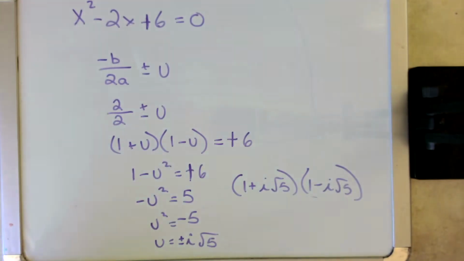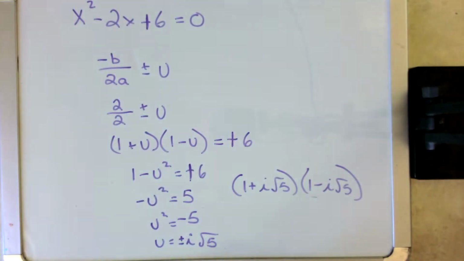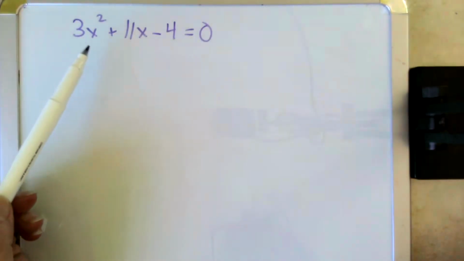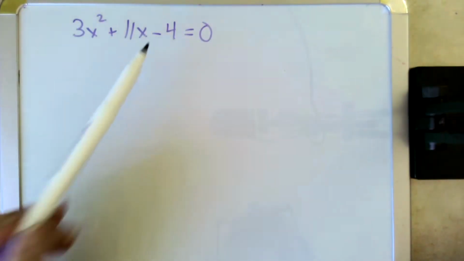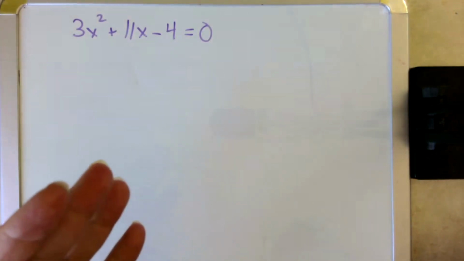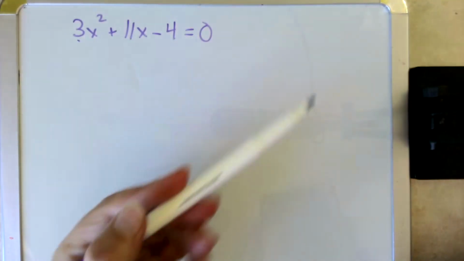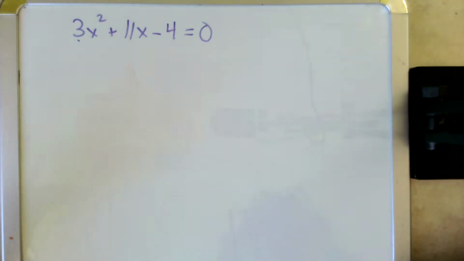Let's do one more where we have a coefficient on our x squared, because that's the kind that usually freaks everybody out. Let's show how, although it can get a little fractiony, it still totally works using this method. 3x squared plus 11x minus 4 equals 0. The first thing I'm going to do in order to elegantly use this solution is divide that a term through every term so that I have just a 1 as my coefficient.